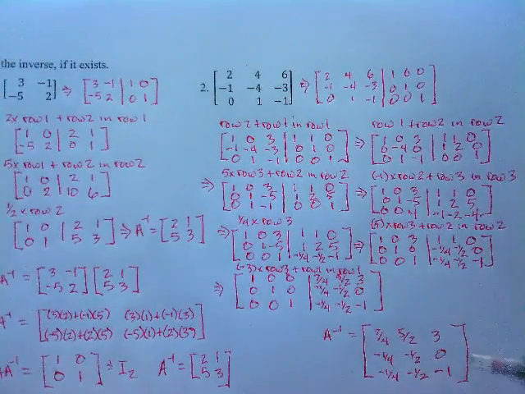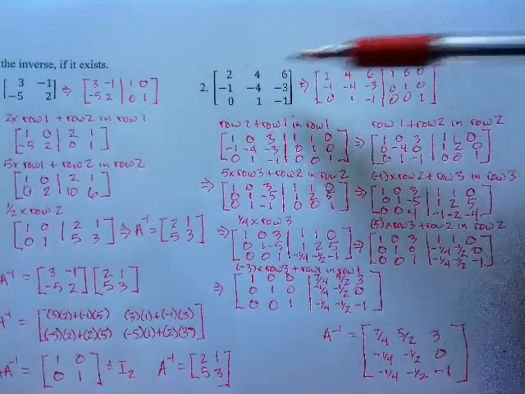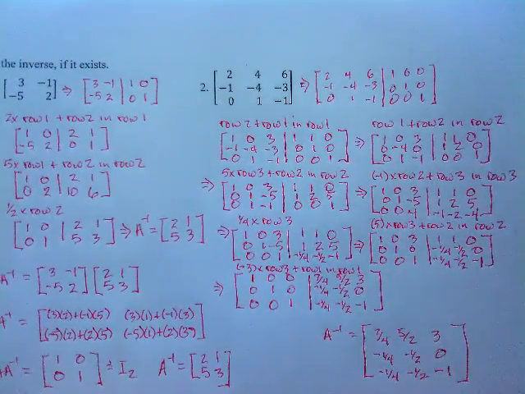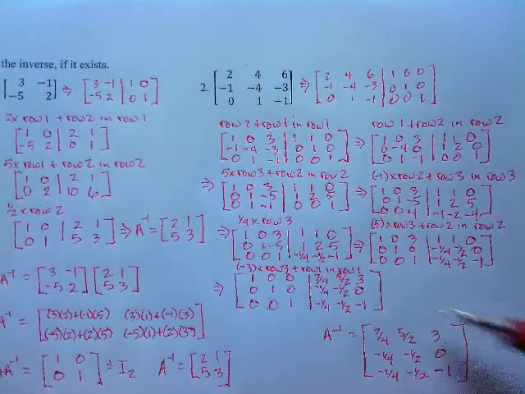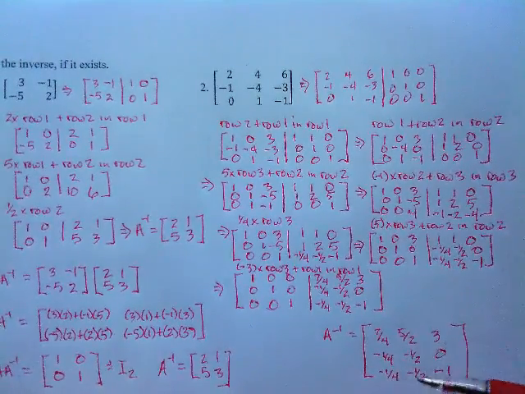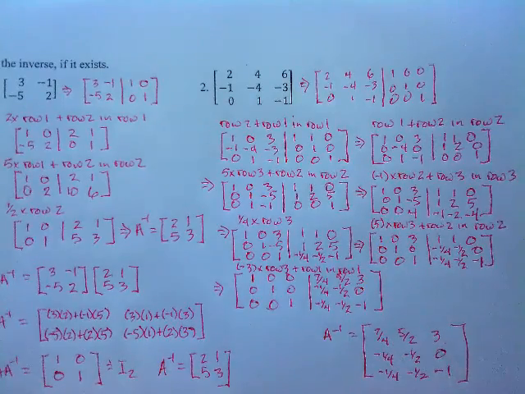And then if I was to multiply this times my original, I should end up with the identity matrix. And honestly, this will happen a lot of times when you're looking for inverses. They will have fractions in them.